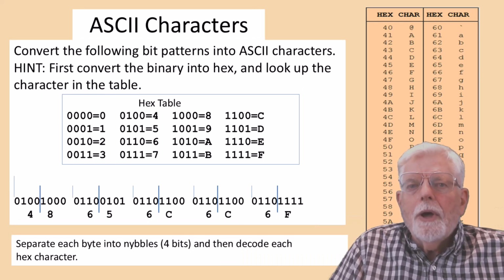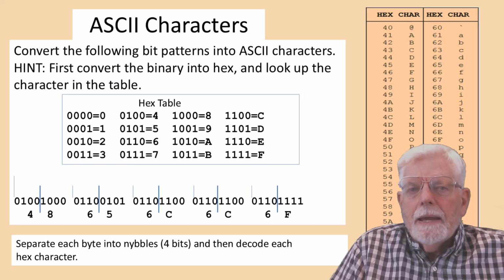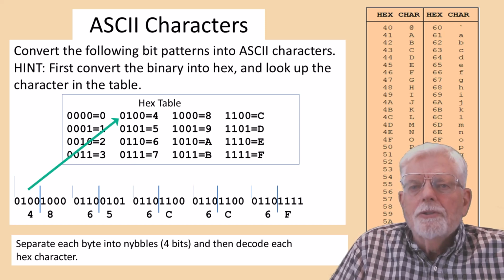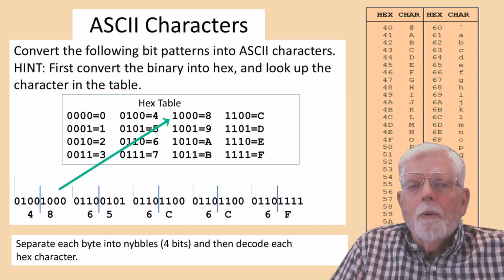For example, if you had a bit stream that starts off as 01001000, first convert that into hexadecimal 48 by taking the first 4 bits, 0100, which become 4, and then the next 4 bits, 1000, which become an 8.